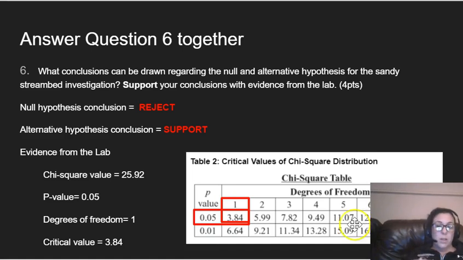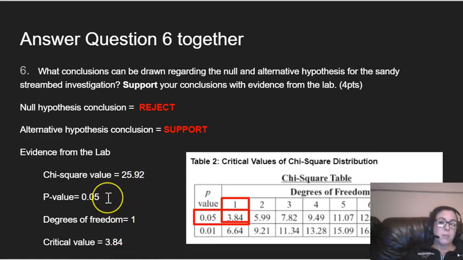More importantly, you always need to include evidence from the lab to support or reject your conclusion. All of this evidence from the lab will be your chi-square data, and then your critical value that you determine by looking at the appropriate p-value and the appropriate degrees of freedom. All of that has to go into your answer for number 6.